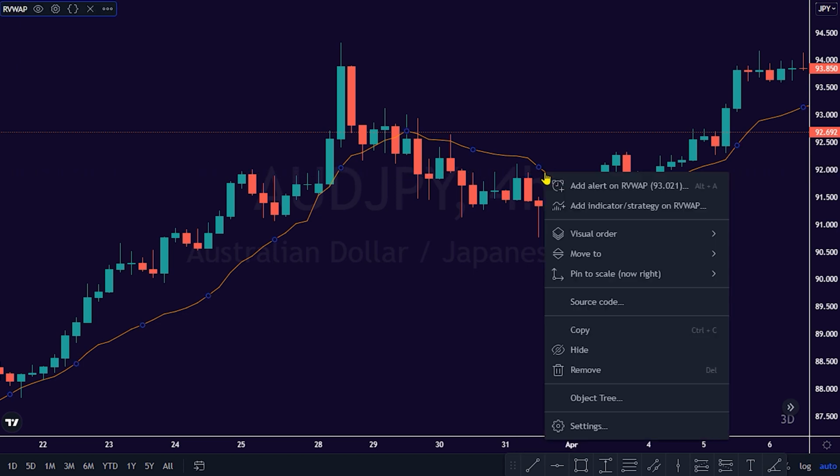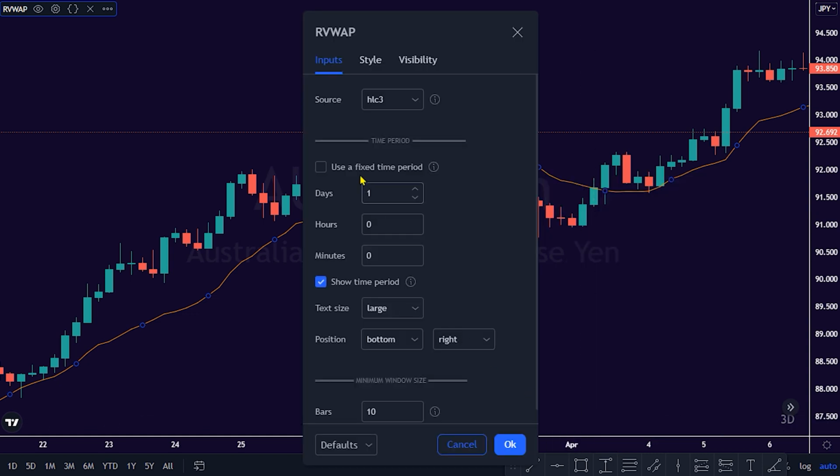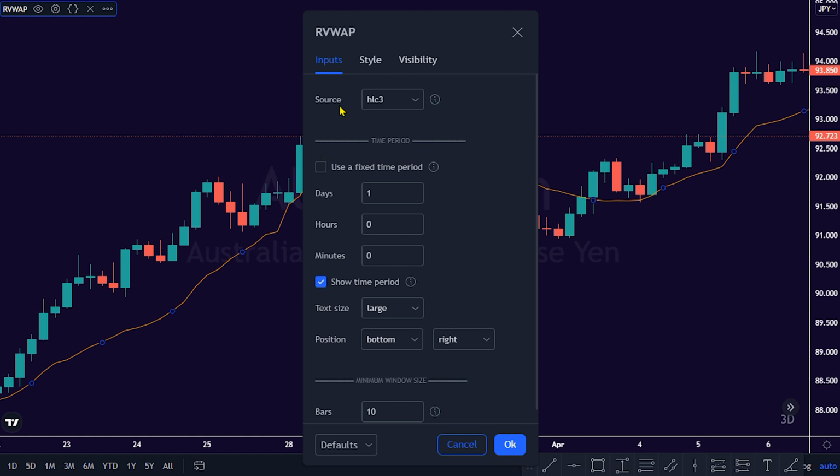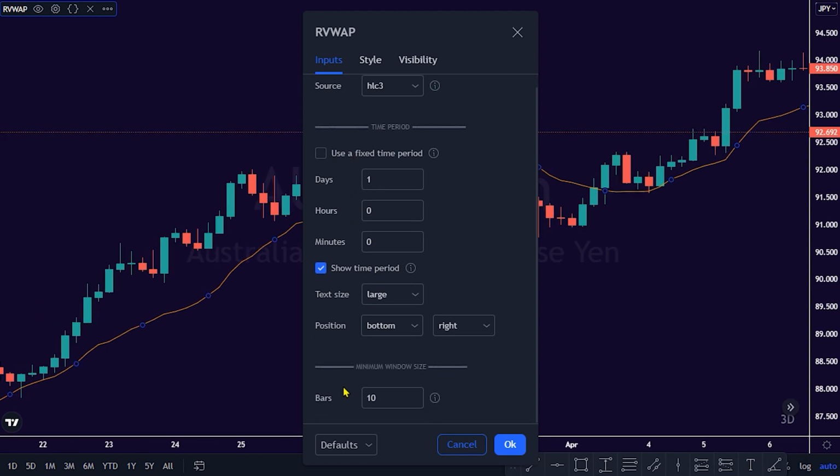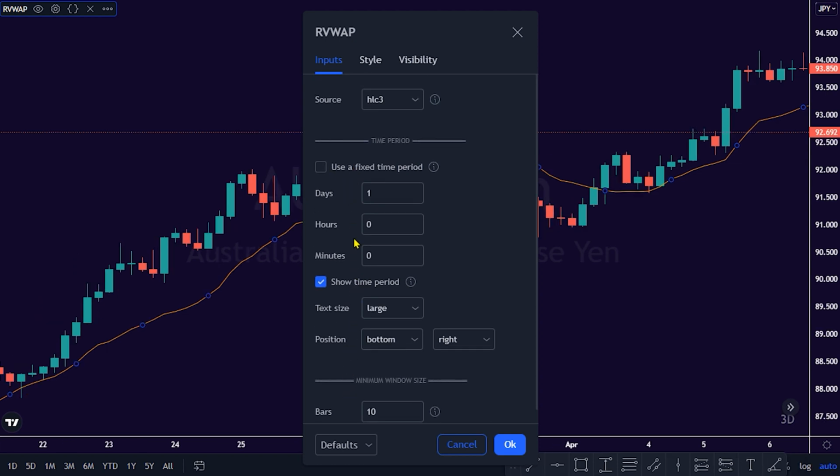To do this, we need to right-click on the indicator. Here are the parameter settings of the indicator. It's advisable to leave the default settings. By default, the indicator uses an auto-stepping mechanism to adjust the time period of its moving window to the chart's time frame.